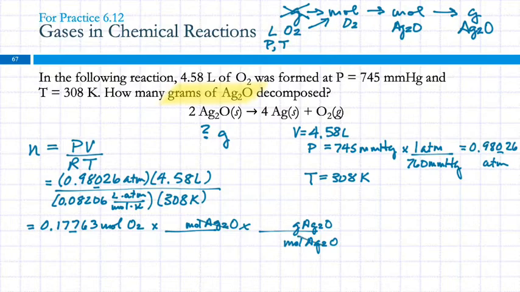And not grams, moles of oxygen. Most of these stoichiometry problems are variations on a theme. So here's my moles in the middle, my mole ratio, 2 moles of Ag2O for every 1 mole of oxygen, so those numbers go in there. Grams to moles, that's my molar mass, which I have to calculate.